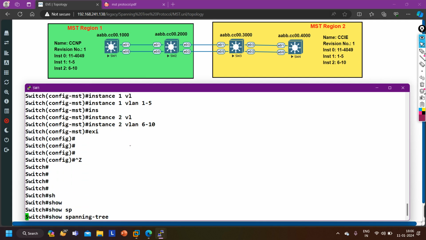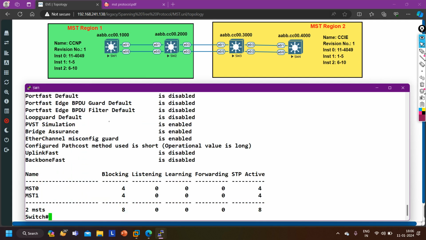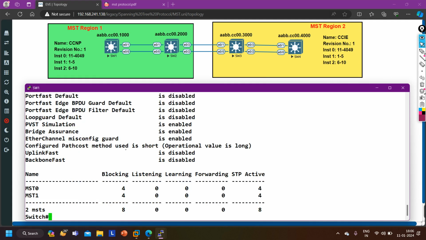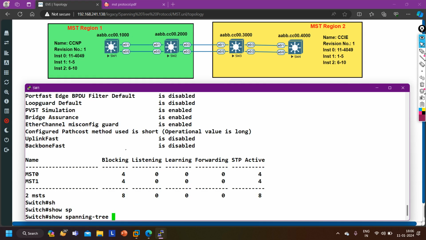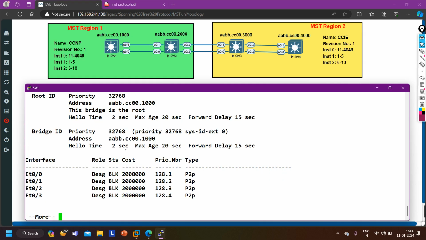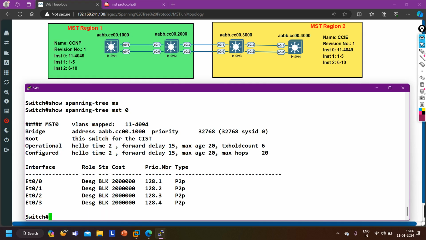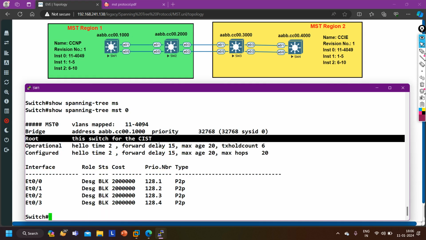Now, spanning tree summary, you can see we are running MST now. Fine. And show spanning tree MST instance 0. For instance 0, this switch is the root bridge, the common internal spanning tree root bridge.